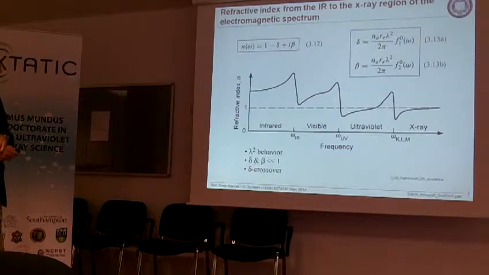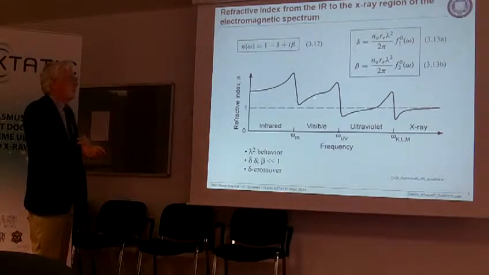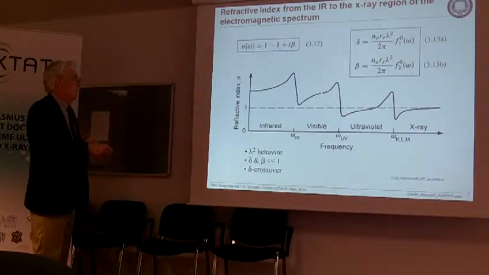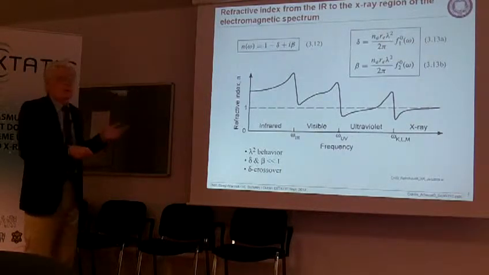And this is just in general a sketch, not accurate, of refractive index versus frequency or photon energy. Basically in the visible region, this is indicating refractive indices of something like 1.5.